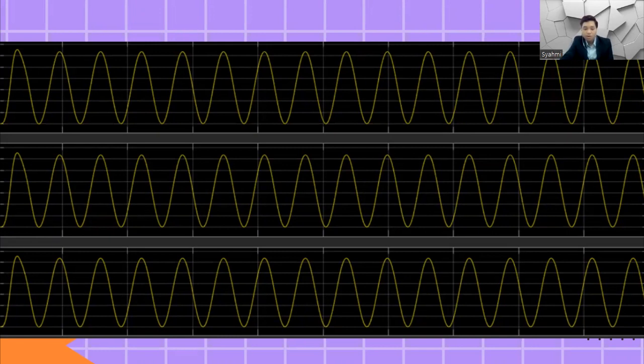Afterward, a low pass filter, which is the low pass 8th order Butterworth filter, is used to remove high frequency components, leaving behind the original message signal. So what we can see is the signal is totally similar to the audio signal, which is the original signal.